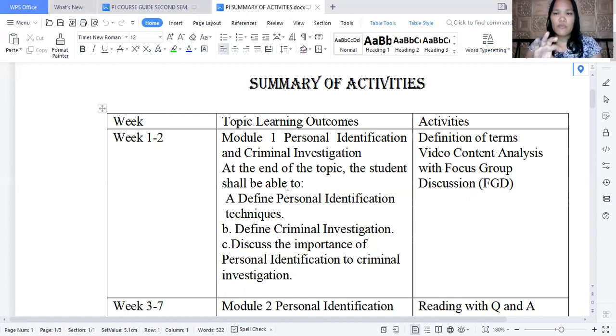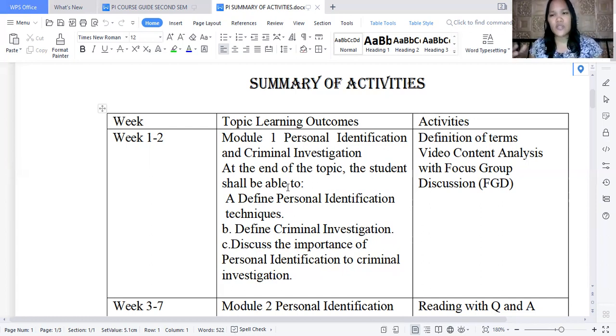We will be having a film viewing, and you can just click on the link provided in your module to browse the video that was stated. After that, you will be conducting a focus group discussion with your groups.